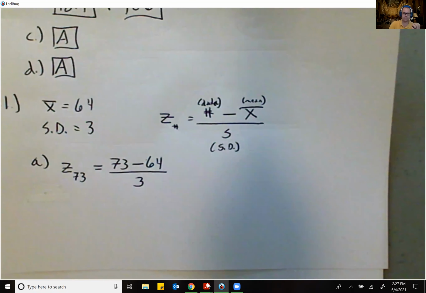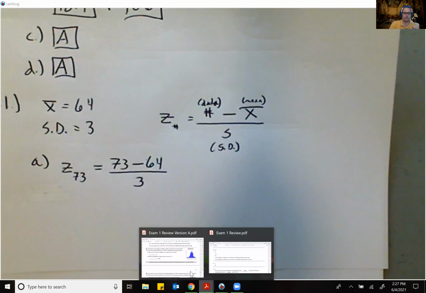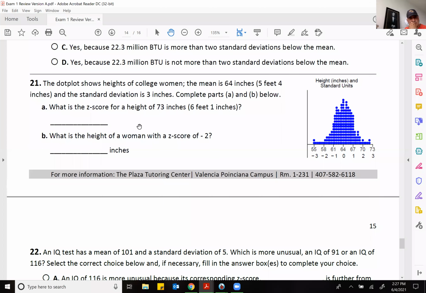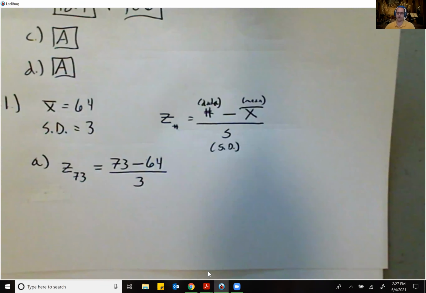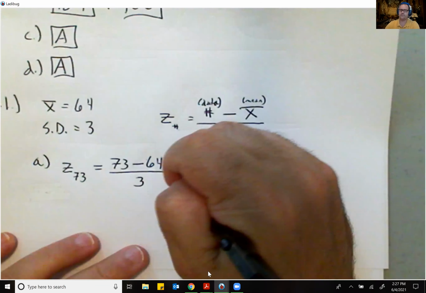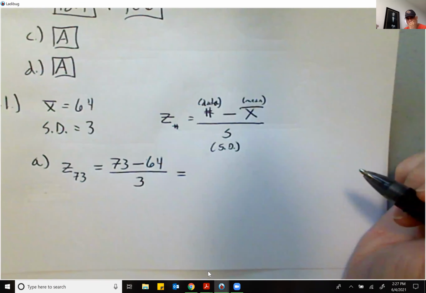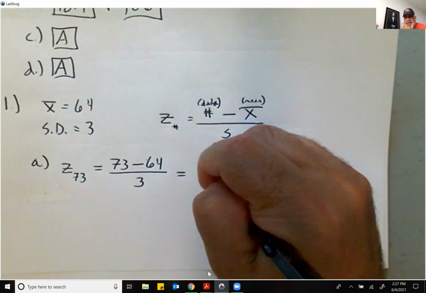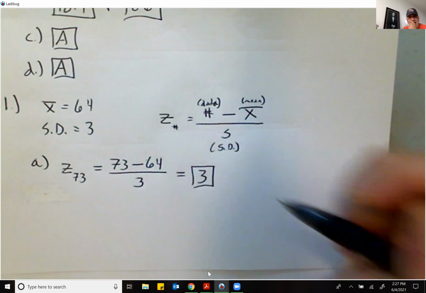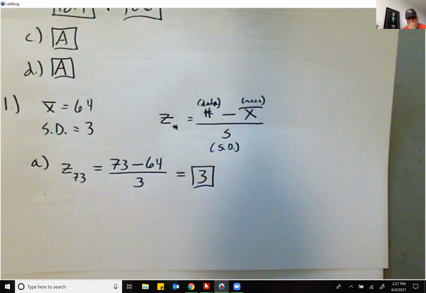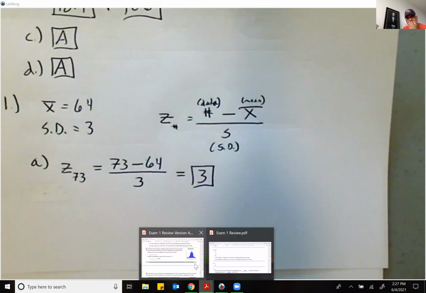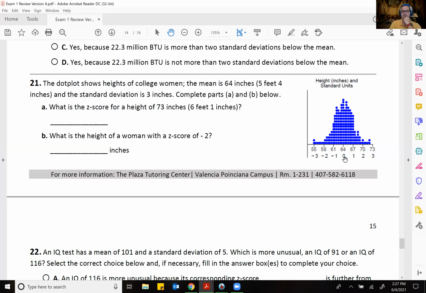They say nothing about rounding. So hopefully these will come out nice and neat. Or if you get a decimal, you put it all. So what is the answer again? 3. But Professor, isn't the answer on the chart? Oh, look at that. They put 73 right there at 3.